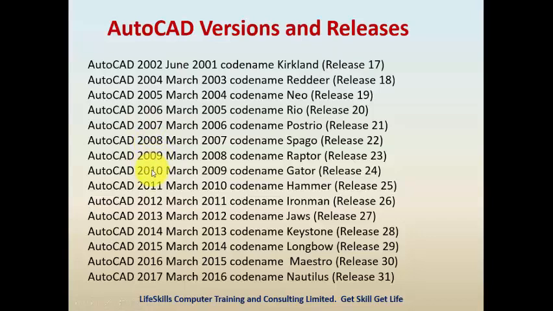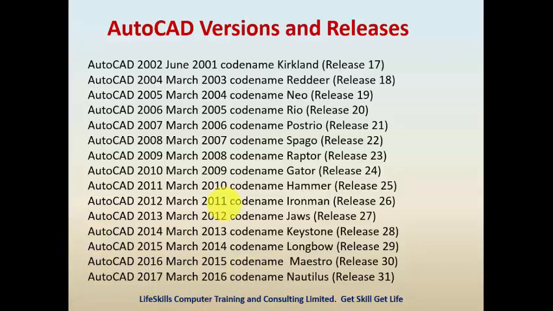Then I dwelt much on 2010. I'm still using 2010 in some cases. Then from there I jumped to the 2013 version. I used AutoCAD 2013 for a long time before I started using AutoCAD 2016. Now I have 2017 already installed, but I'm still using 2015, and I may use AutoCAD 2015 for teaching you in this course.